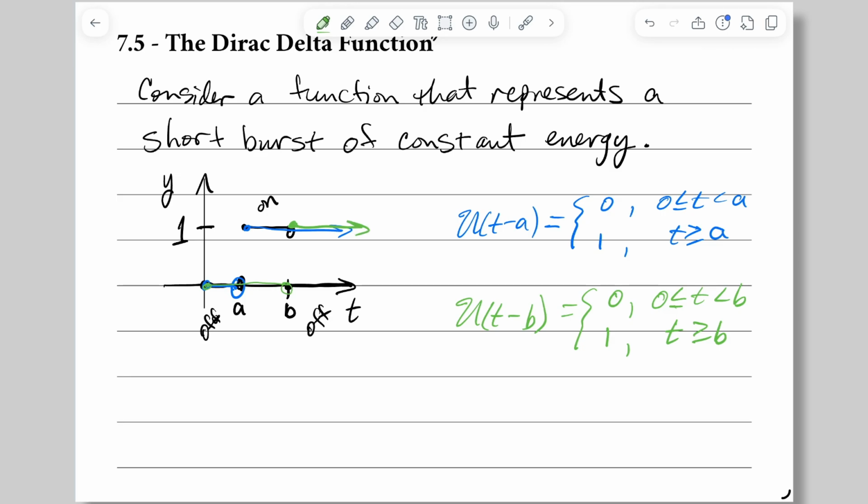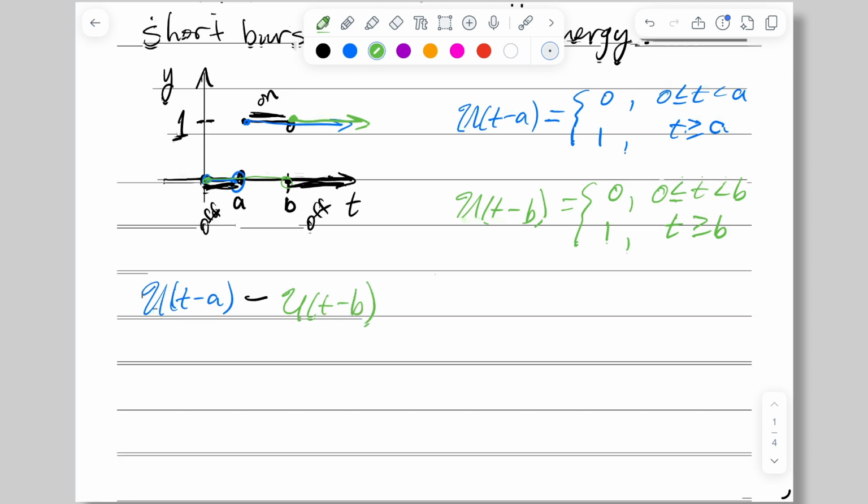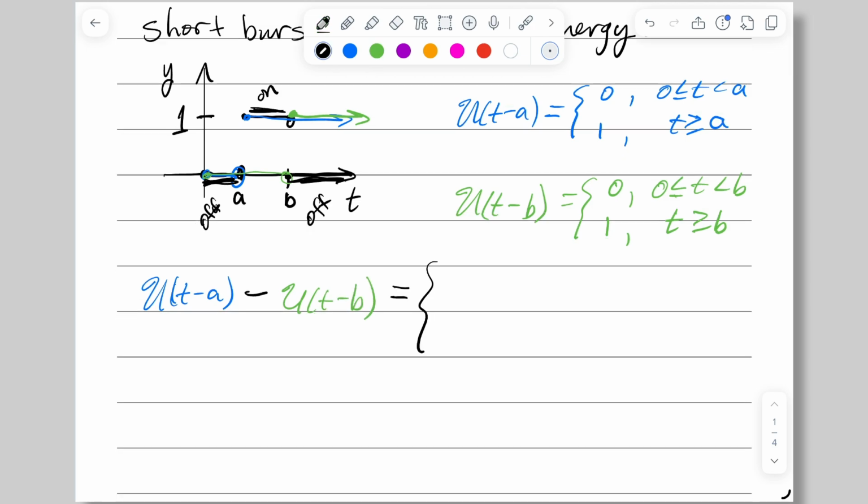The way we're going to get this to be 0 and then 1 and then 0 again is to subtract blue minus green. So we're going to have u of t minus a minus u of t minus b. This one now has three definitions.